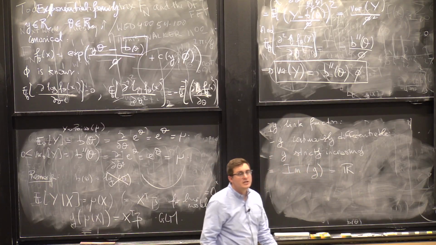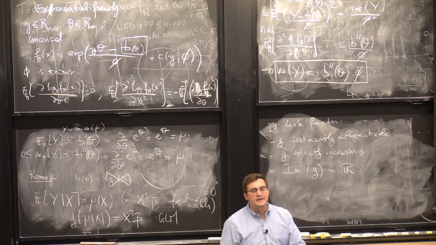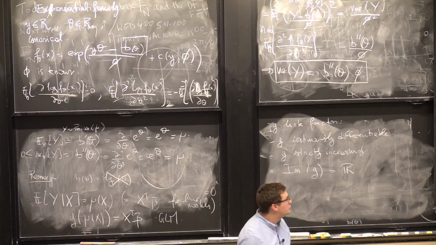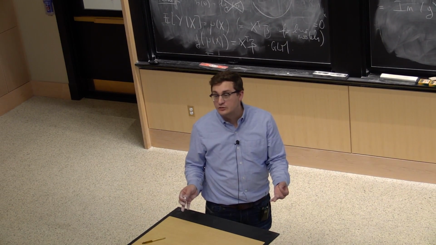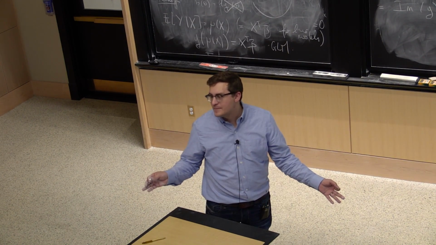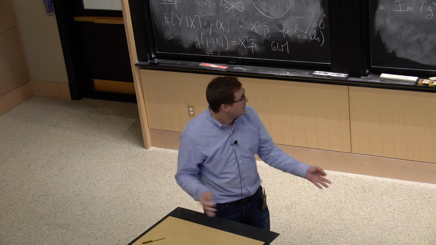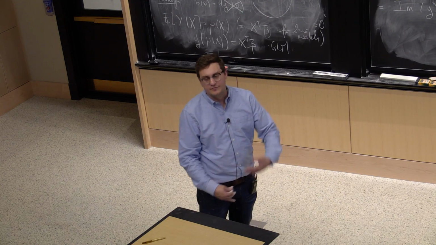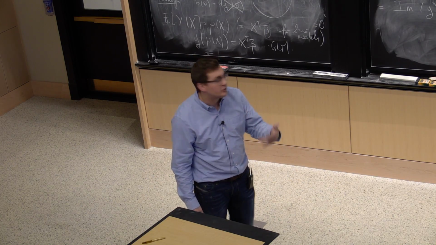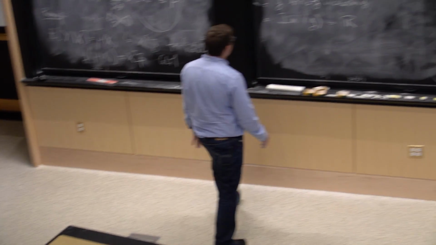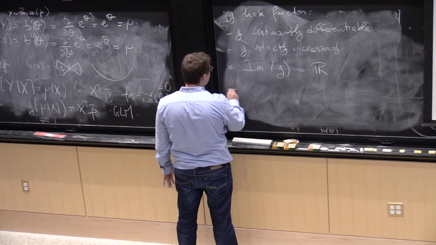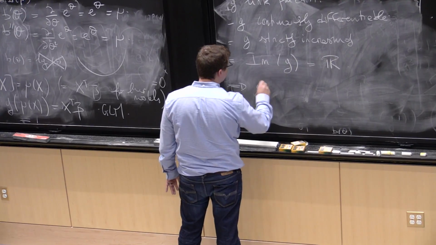So I want that g, as I range for all possible values of mu, whether they're all positive values or whether they're values that are limited to the interval 0, 1, spans the entire real line, so that when I want to talk about g inverse, it's defined over the entire real line. So this implies that g inverse exists.